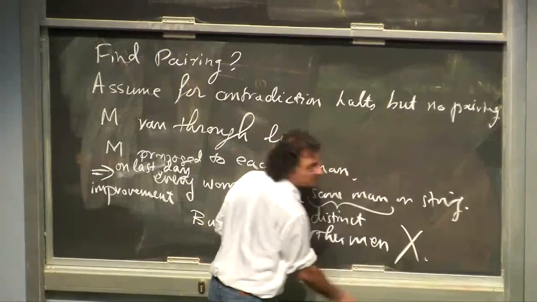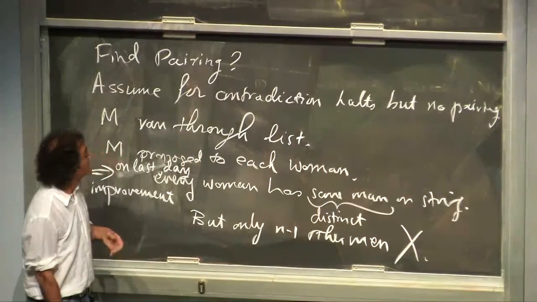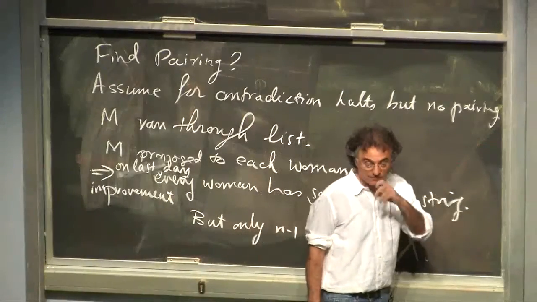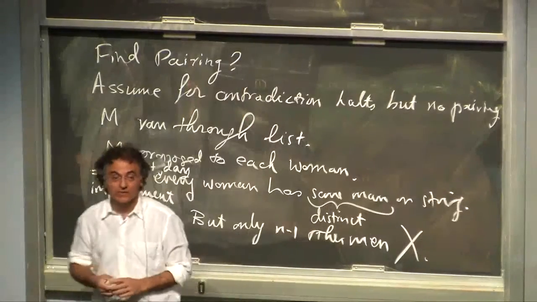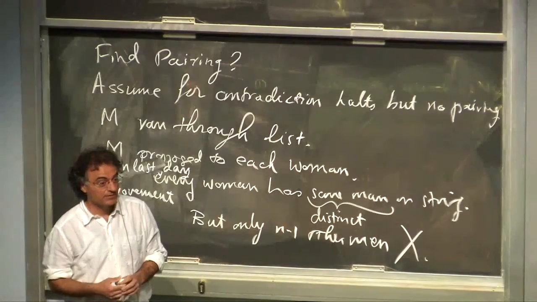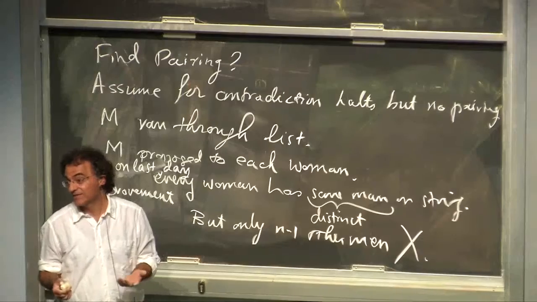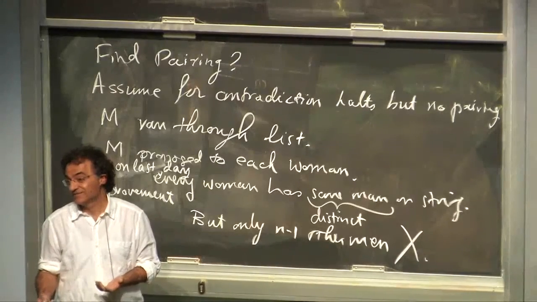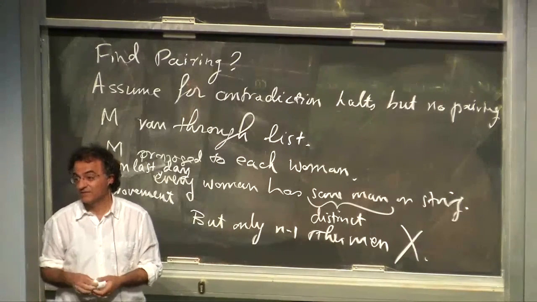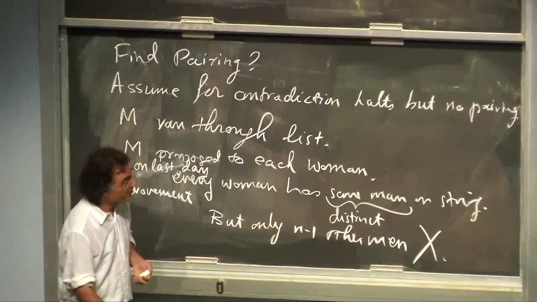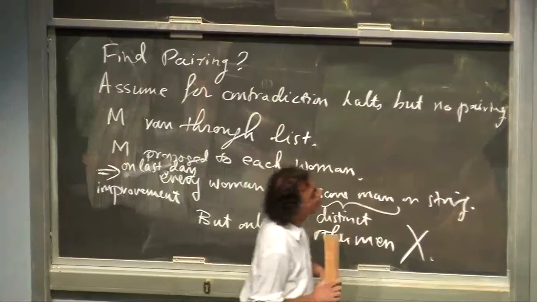So that's a contradiction. And so we know that we must halt with a pairing. There are n women, so you can't have a pairing, you can't have a distinct man for each one without involving the last one.